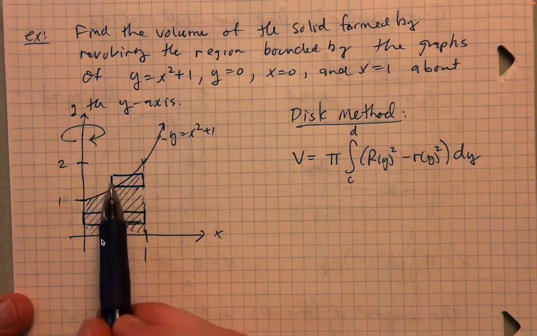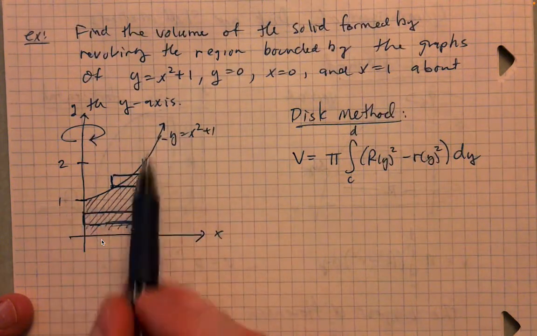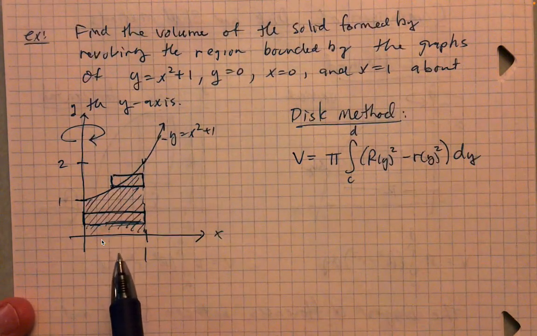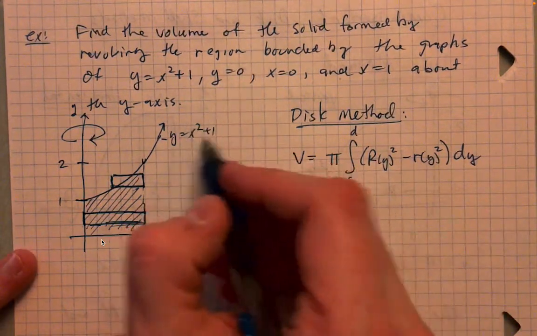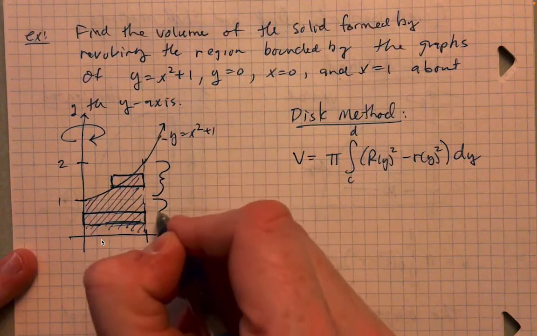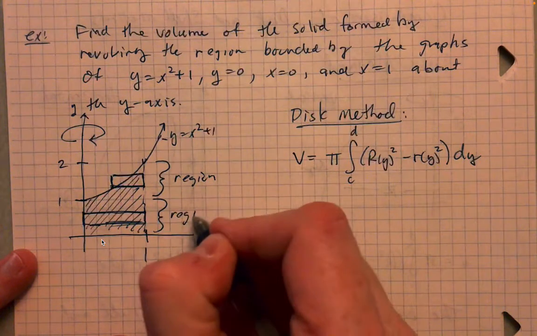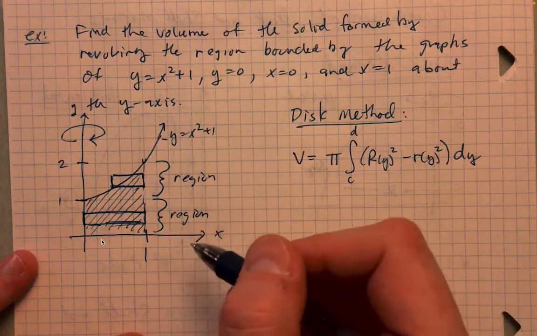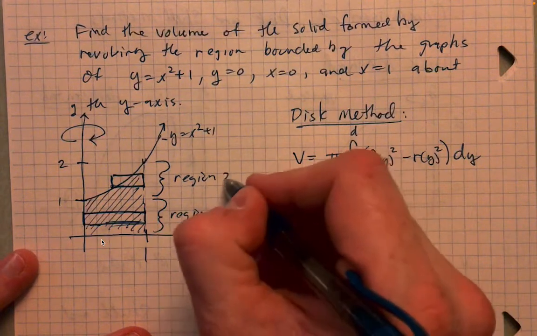But up here, the inner radius is this function, this curve. So this part here we called region 1, and this part here we called region 2. Let me double check that. Yeah, sorry, this was region 2, this was region 1.